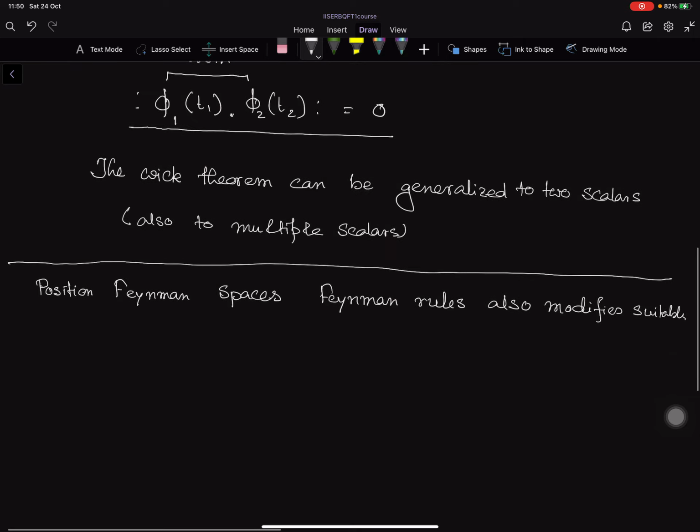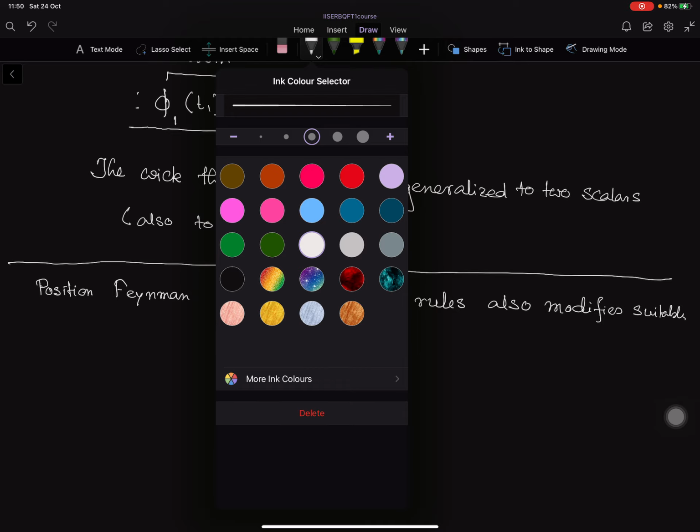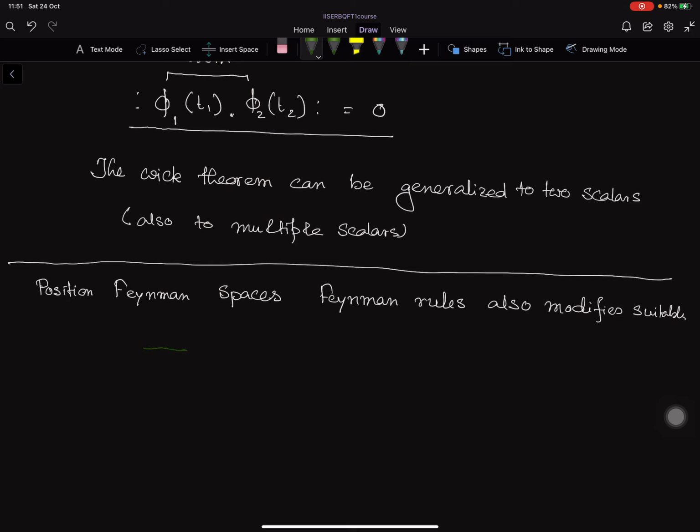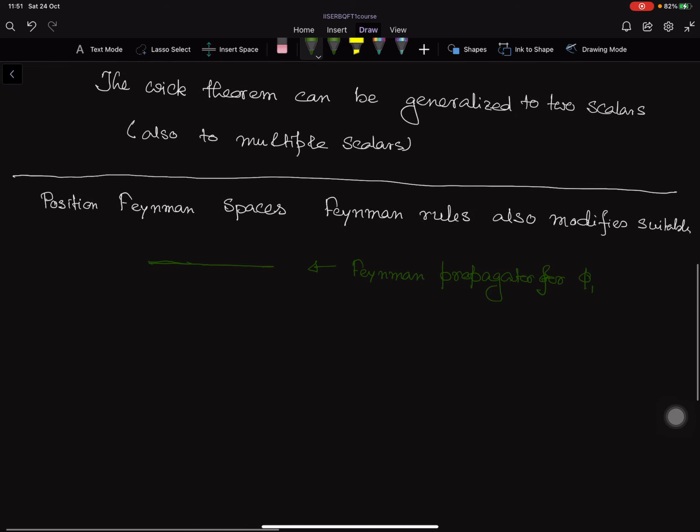What do I mean by that? Because there are now two species, let's use two colors for Feynman propagators. This is the Feynman propagator for phi 1, and this is the Feynman propagator for phi 2.